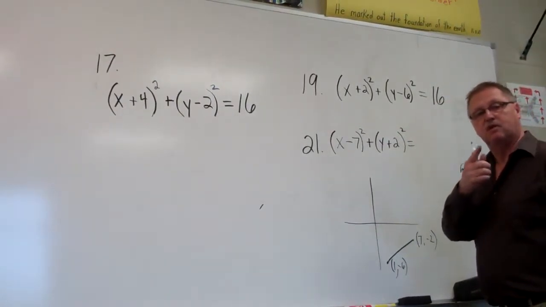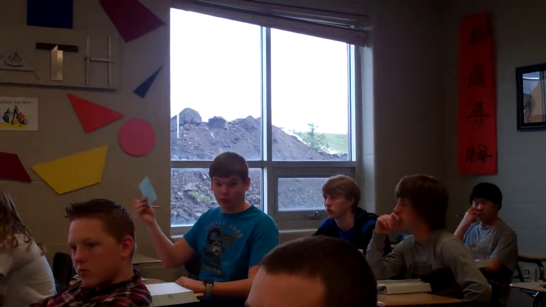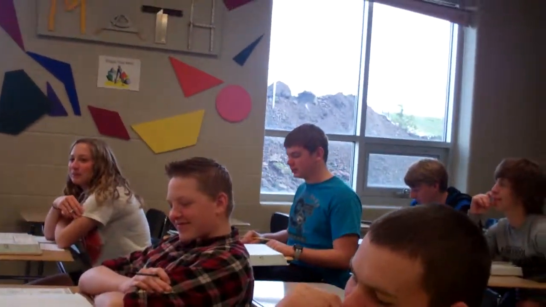We've got Mason. Pan over to Mason over there. Mason, what are you suggesting, how would you do this? Well, first I would find my note card that has the distance formula on it, which is the square root of x2 minus x1 squared plus y2 minus y1 squared, and I would plug those numbers into the equation and solve it.